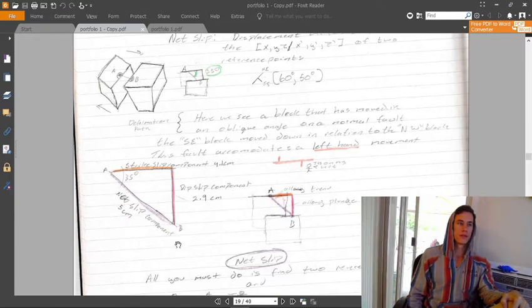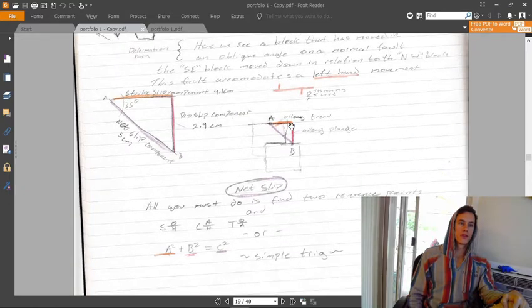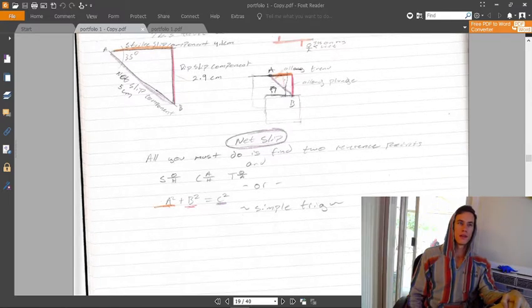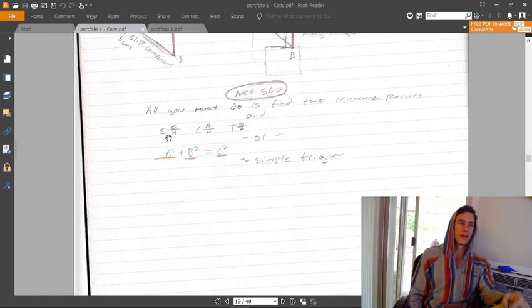And so the net slip component, the dip slip component, that's saying this is along the dip, this is along the strike, and this is the total. So along trend, the trend goes along with the strike, along plunge is basically the dip, and right here is the net slip that we're looking for. So it's just basic trigonometry.